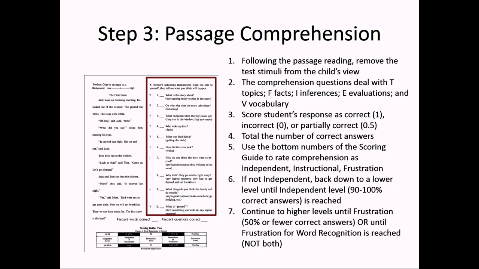Continue to the higher levels until frustration, 50% or fewer correct answers is reached, or frustration for word recognition is reached, but not both. So frustration is when the child reaches the frustration point for either the decoding or the comprehension, but you do not continue until it's reached for both.